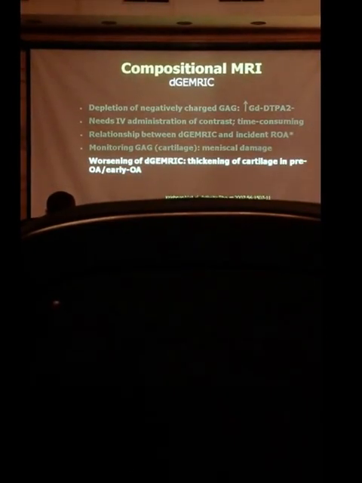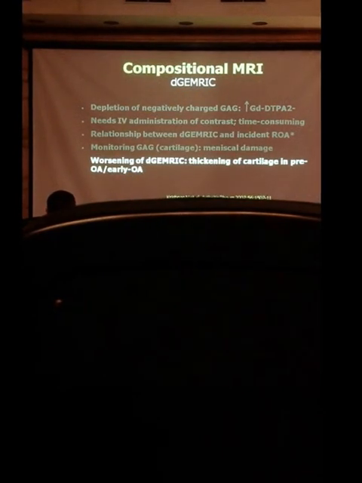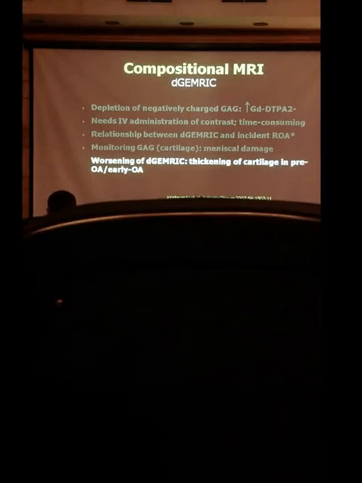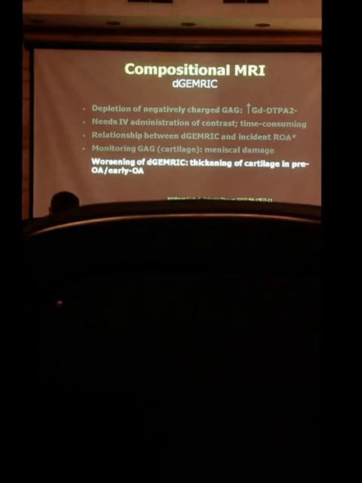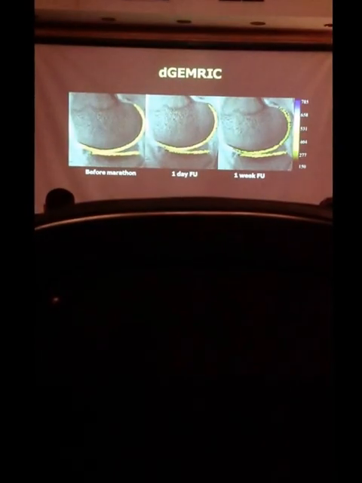And we also did some work on the dGEMRIC showing that worsening of the dGEMRIC in pre-OA, in very early radiographic osteoarthritis, was associated with thickening of the articular cartilage. And we think that what we see in the very early stage of degeneration, this softening, swelling of cartilage, was associated with depletion of the negatively charged proteoglycan content.